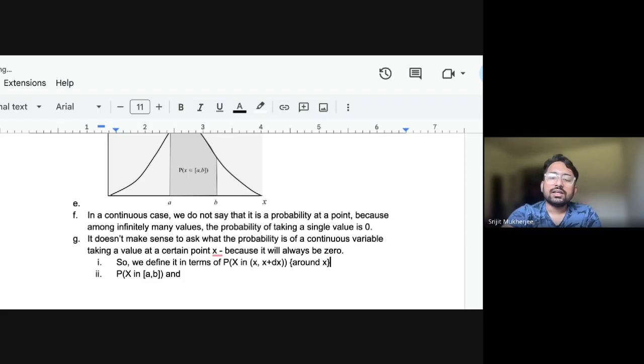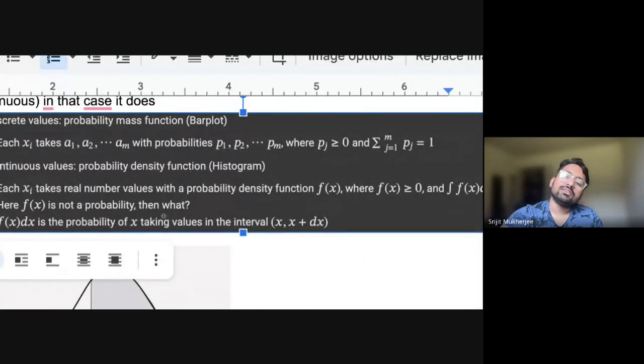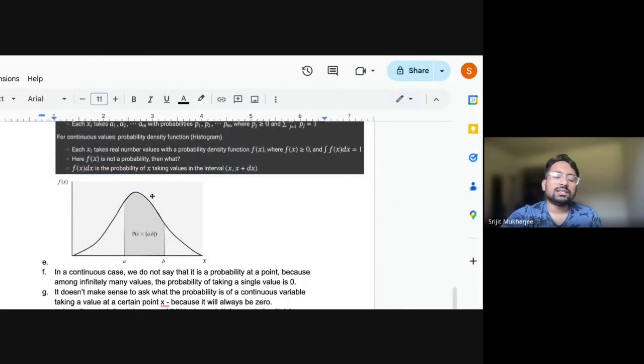It's nothing but f of x dx. This is the probability I have written over here: f of x dx is the probability of x taking values in this small interval, but it doesn't make sense to take a value at a single point.